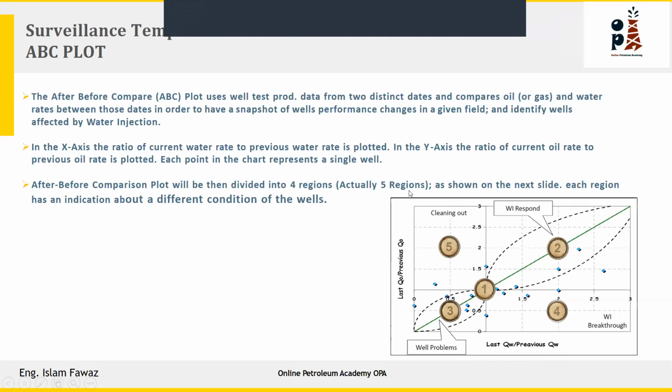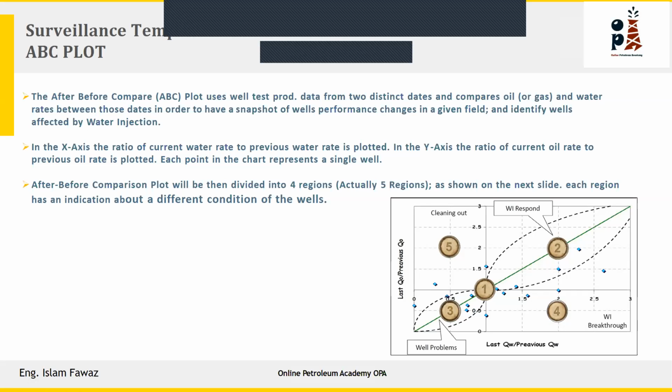And this is the y-axis showing the last Q oil divided by the previous Q oil. And we have 5 regions here in order to identify how the field is performing. This is using a scatter chart in the OFM, and it's very easy, and we can perform it in DSS also, or Spotfire. So we'll discuss what is the ABC plot.